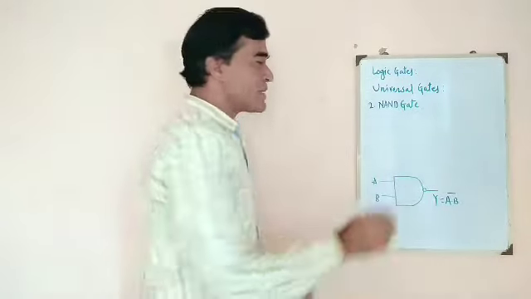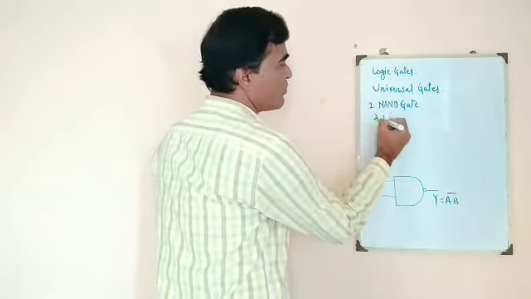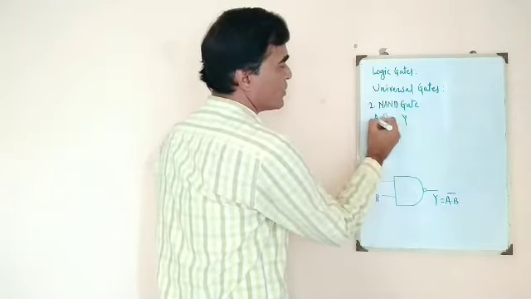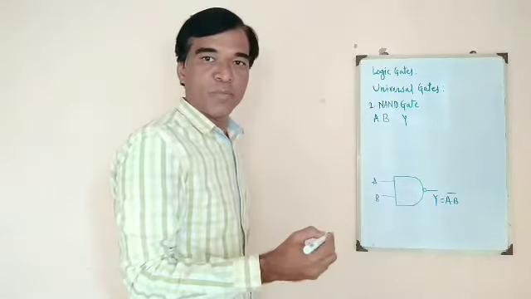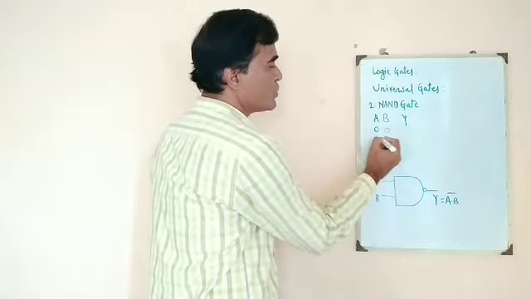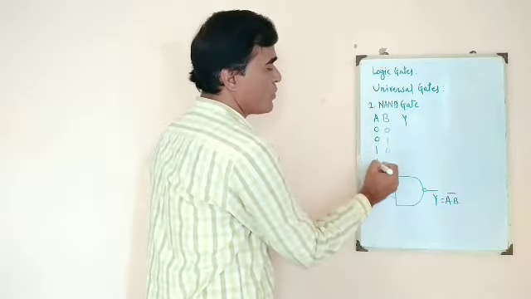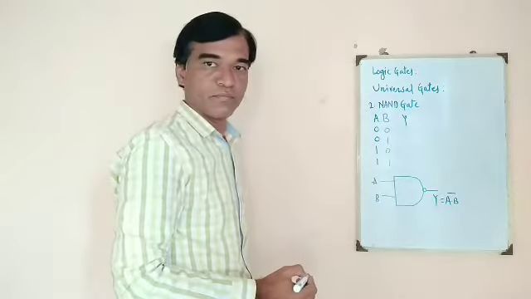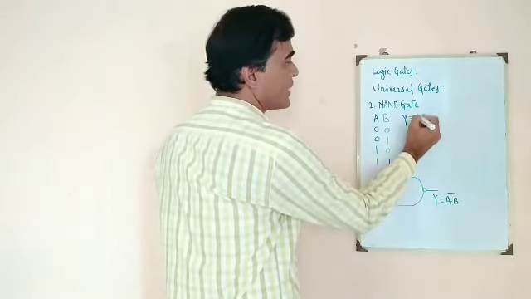Now let us see the truth table. The truth table is nothing but a listing of all input combinations and output. Different input combinations for two variables are 00, 01, 10, 11. Now Y is nothing but (A dot B) complement.